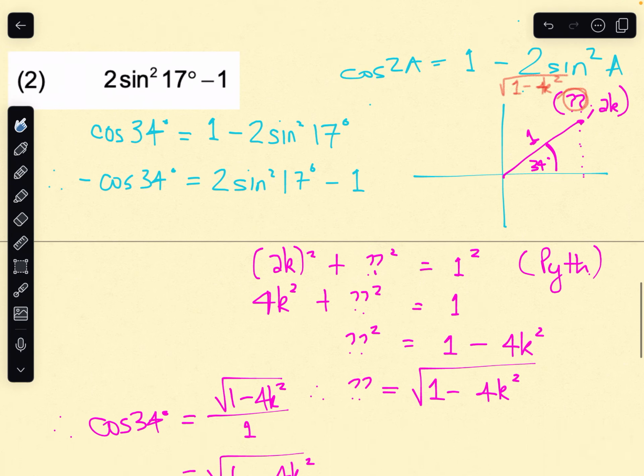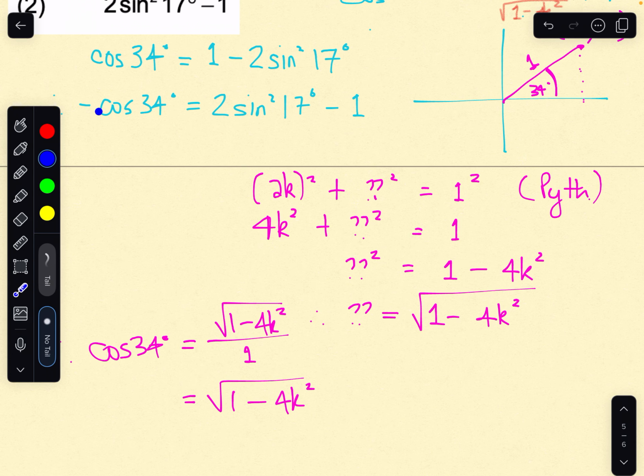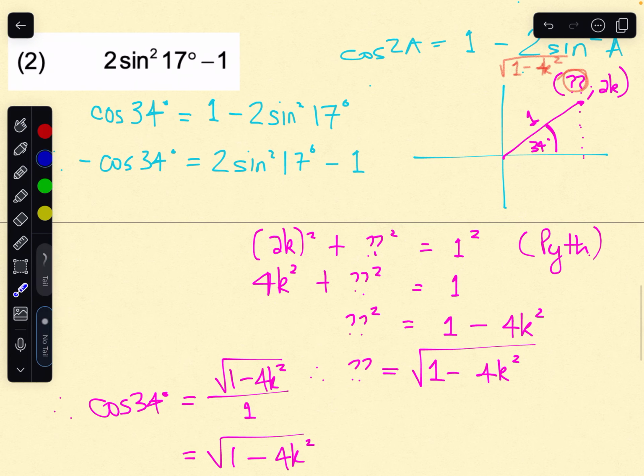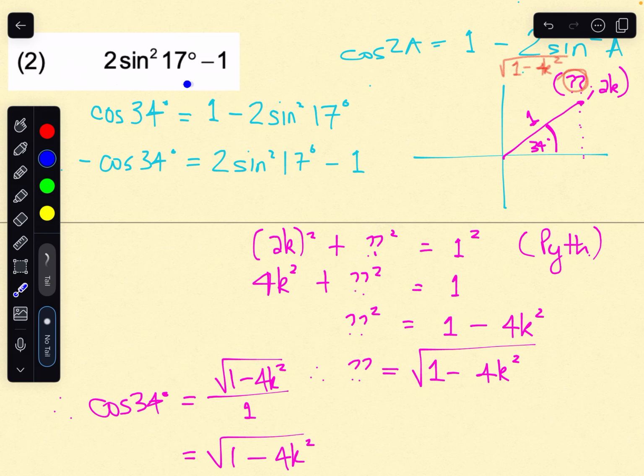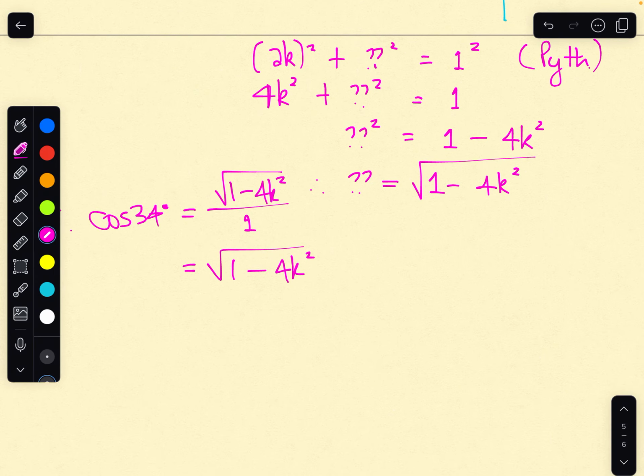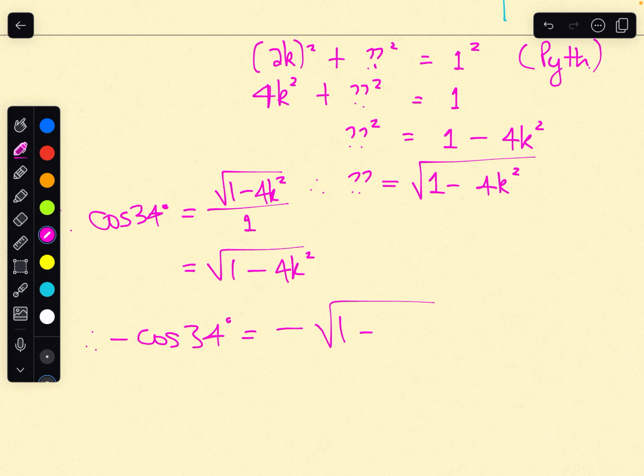Okay, and so to now find the negative cos 34, which will give us the expression in terms of k of this guy: minus cos 34 will be negative square root of 1 minus 4k squared. And so this then is the expression of 2 sine squared 17 minus 1. All right.